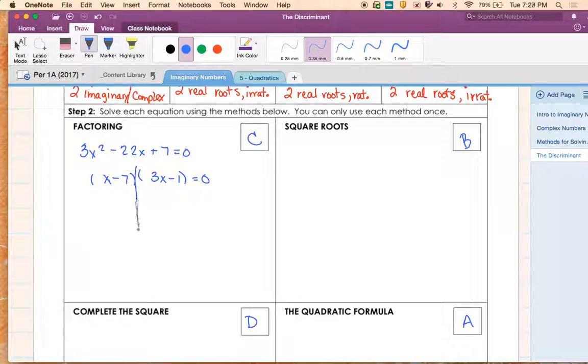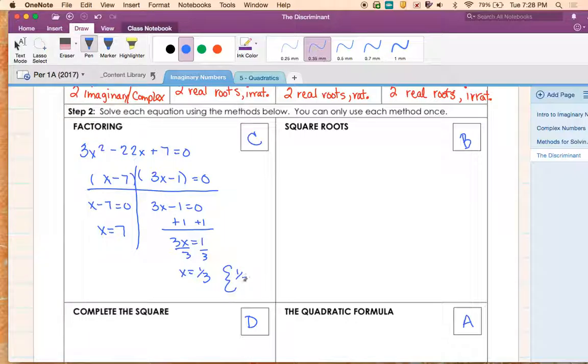We set each factor equal to 0, so I'm going to make this little chart to help remind me that this one gets set equal to 0, and this one gets set equal to 0. So here x is 7. And this one I need to add 1. 3x equals 1. Divide by 3. I get x equals 1/3.